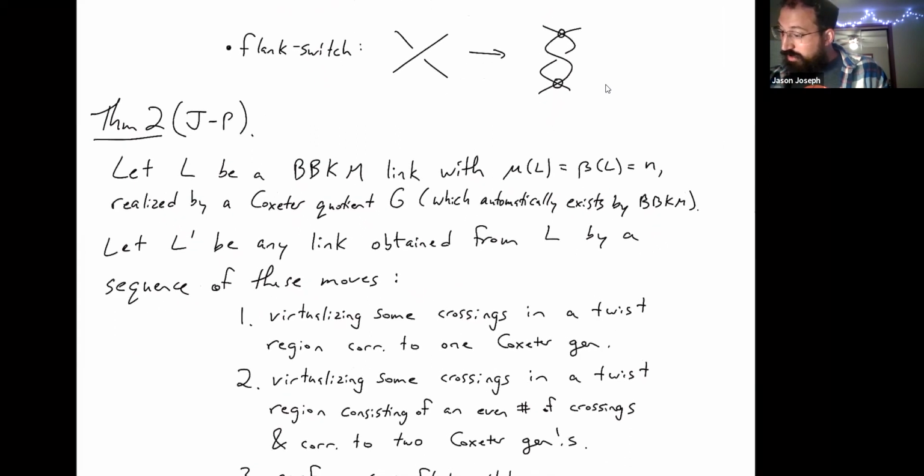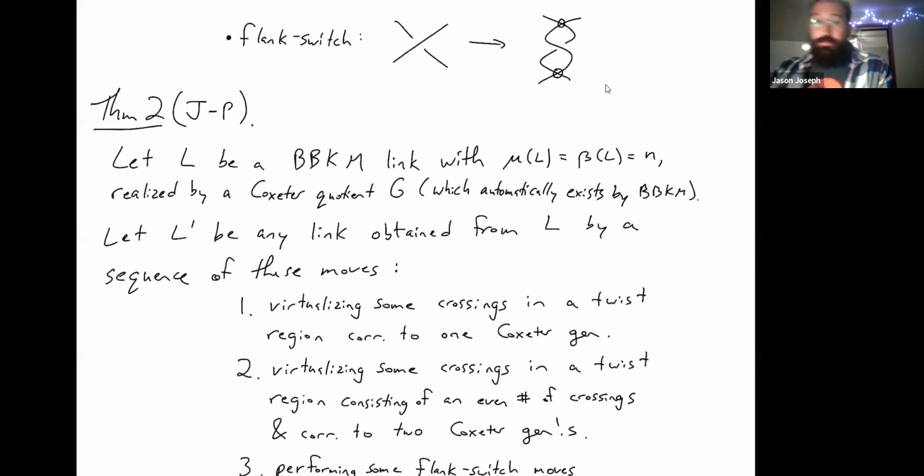So in your twist regions, at the bottom, you either have both meridians the same or different. If you have a region with only one Coxeter generator in your labeling by the Coxeter group, if these are the same, then you can virtualize any number of crossings in that twist region.